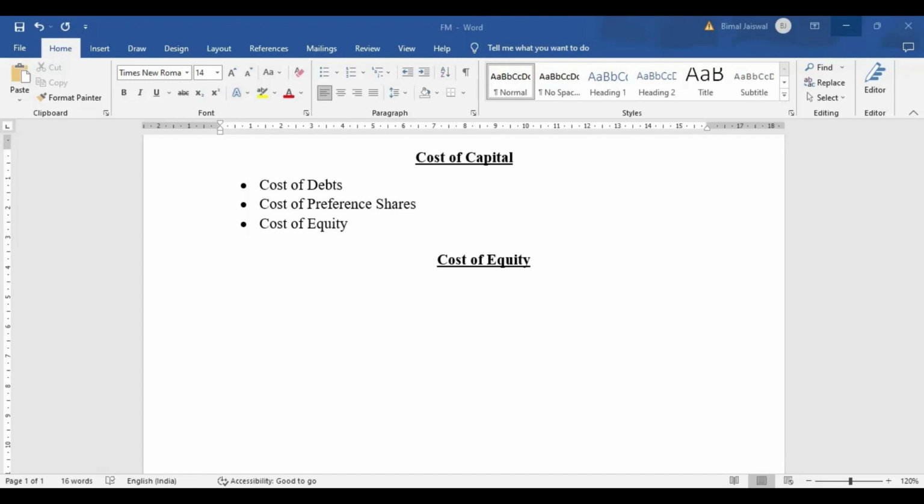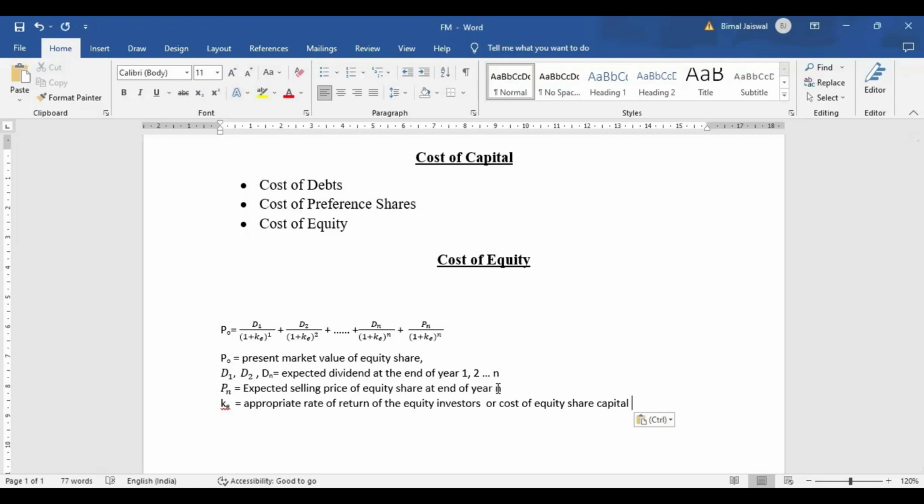We have discussed how to calculate the cost of debts, as well as how to calculate the cost of preference. The same model can be used for calculating the cost of equity. You can see in the formula, as when we calculated the cost of debts with the help of trial and error, this was the equation we were making use of.